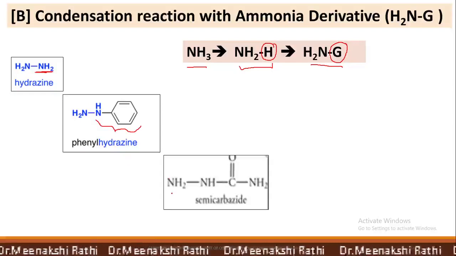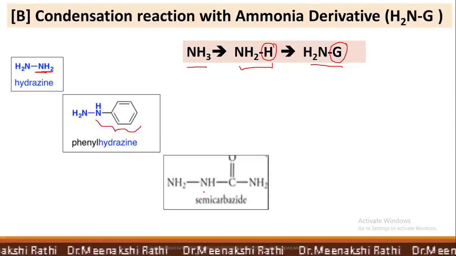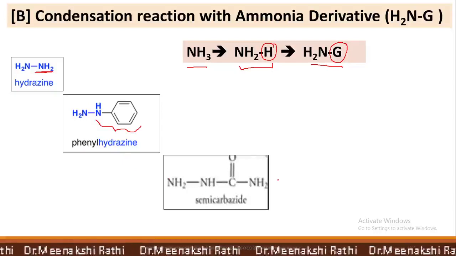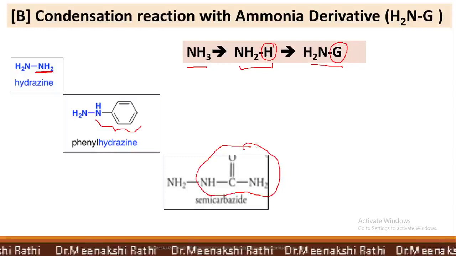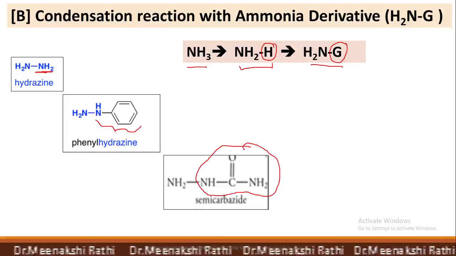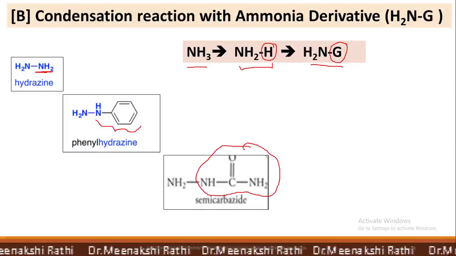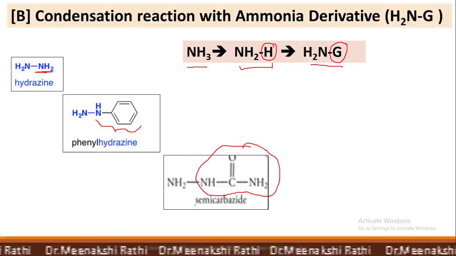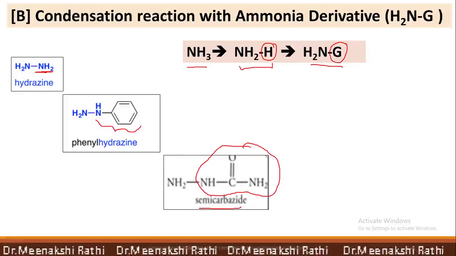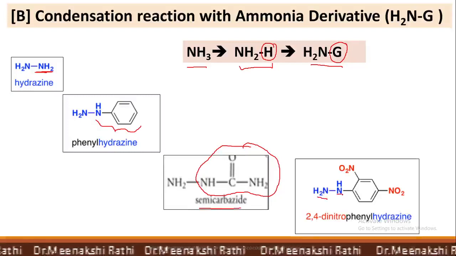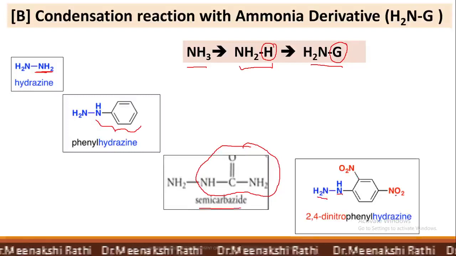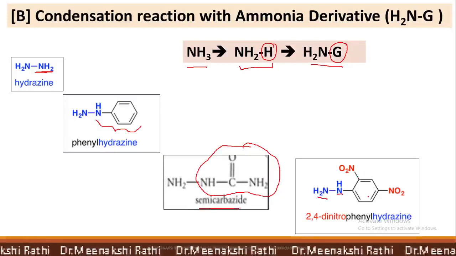Next derivative is NH2 NH CONH2. So this is the G group attached to the NH2. So NH2 NH CONH2 is a semicarbazide. And the next one is NH2 NH with 2,4-dinitrobenzene attached here.